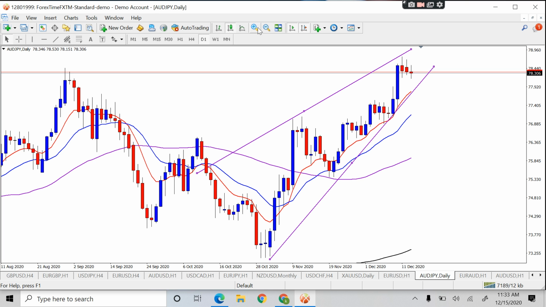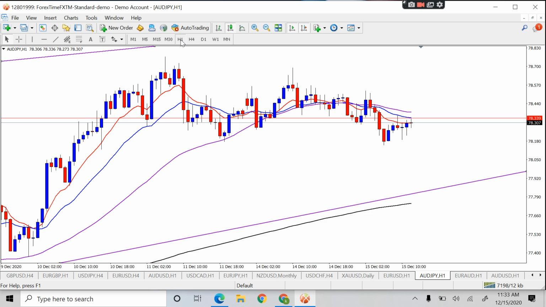So for me to buy this pair, I will wait for a close above the 20 moving average on H1, before I long this pair, or on H4.